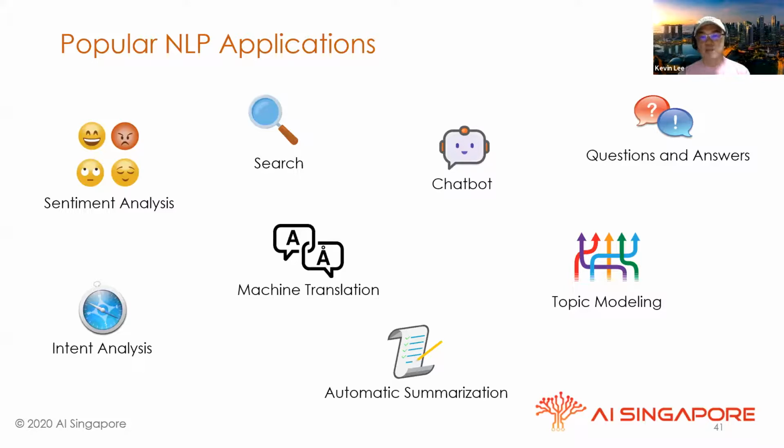Another thing that is very popular is chatbots. I know some people will say that chatbots are still not very accurate, and that is true, but they are improving very, very fast, because as the NLP models become more and more accurate and able to understand contextual meaning, chatbots will become more accurate.